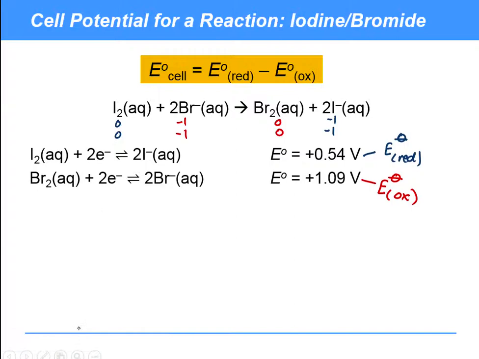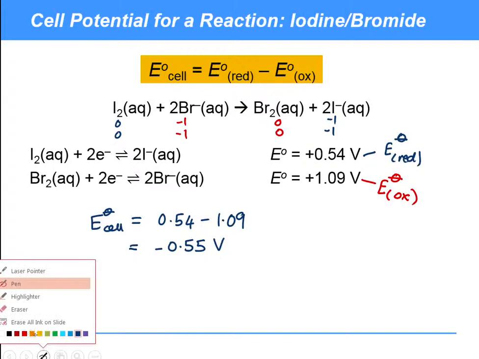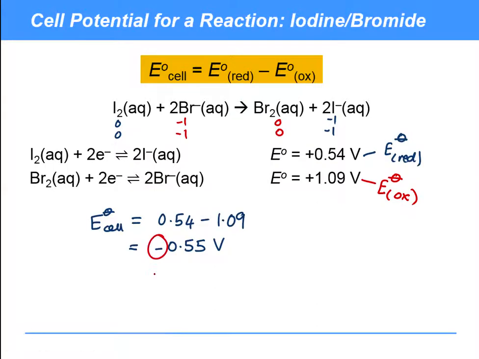Again, we plug the numbers into the formula, and we find the standard cell potential predicted for this reaction is 0.54 minus 1.09, which comes out at minus 0.55 volts. So notice it's negative for an unfeasible reaction.